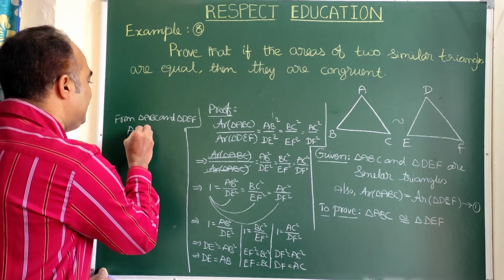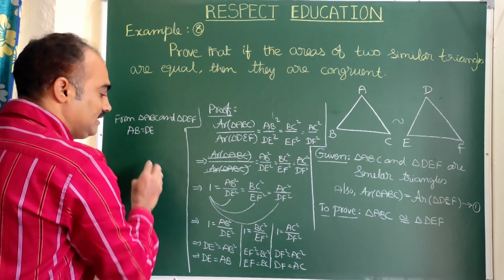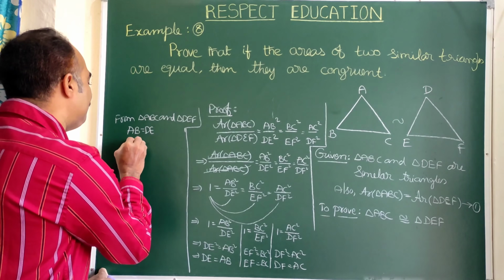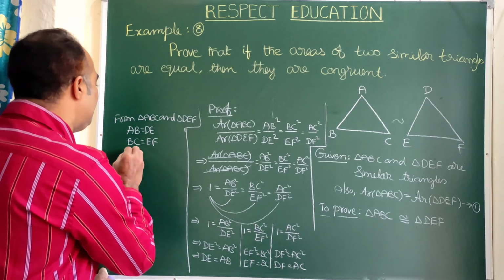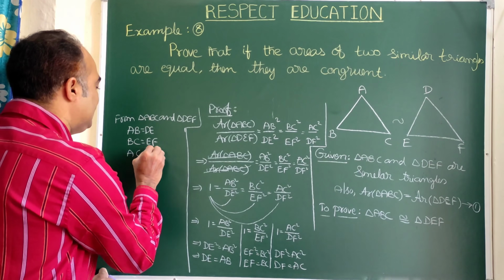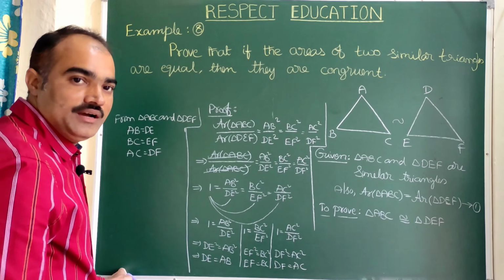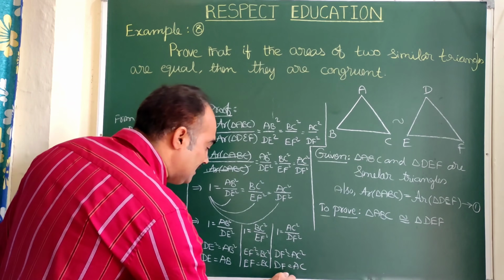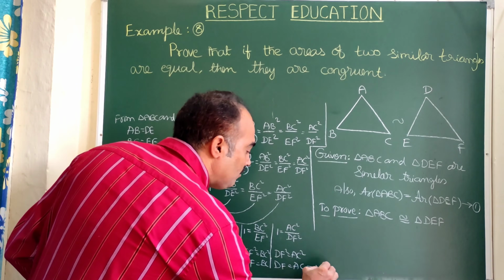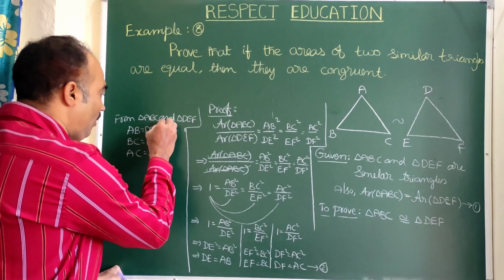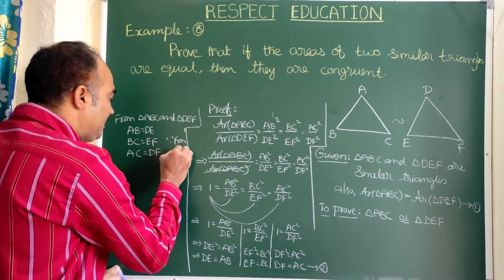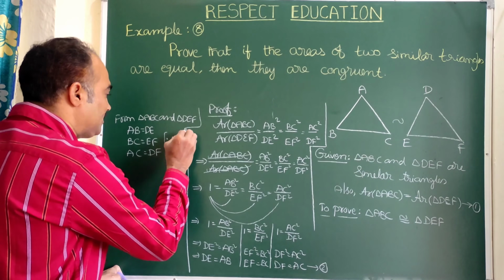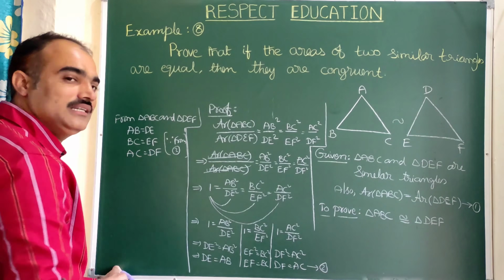Same way BC equal to EF, and AC equal to DF. You can take these three equations as equation number 2. All the three we have written, from equation 2, based on these equations we got this.